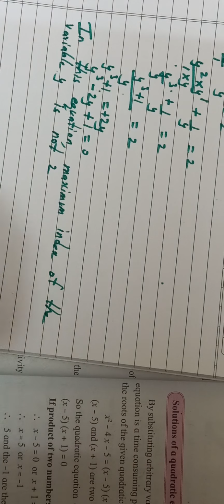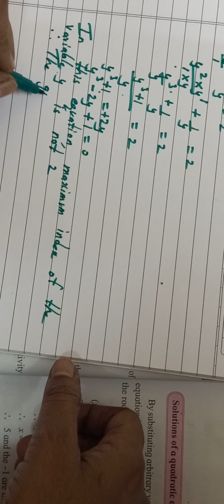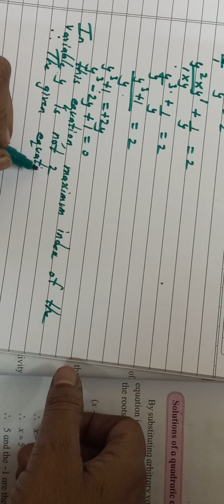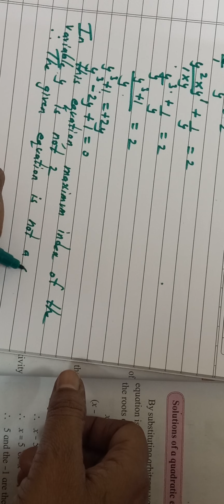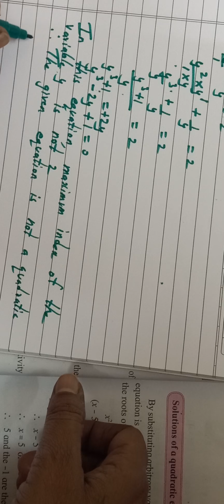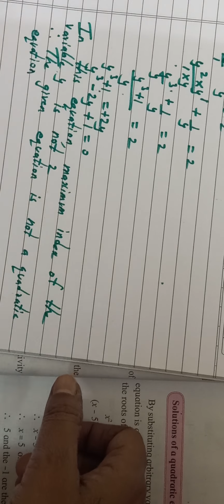Like that we will write, because we want 2 and it's not 2. Therefore, the given equation is not a quadratic equation. This is the way it should be.